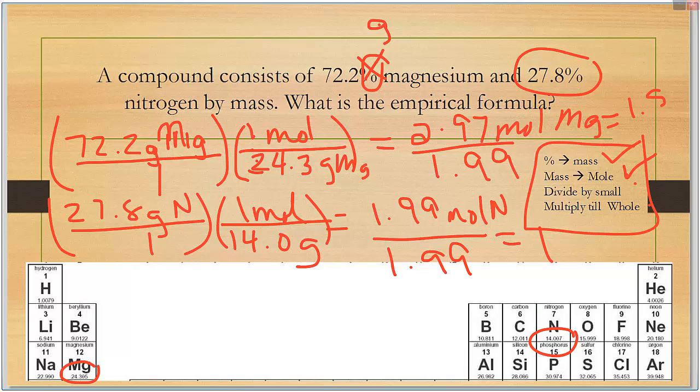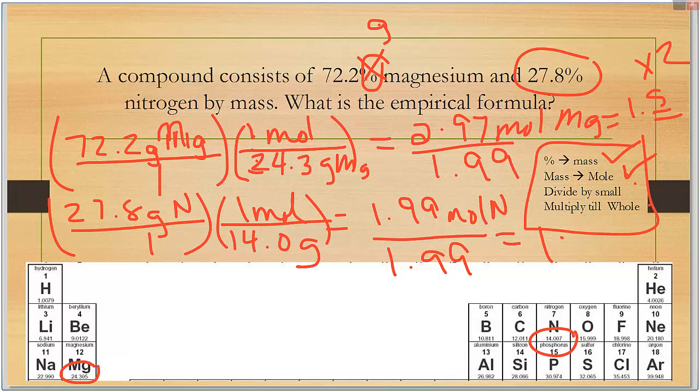The problem is you can't have half of a magnesium atom. So you have to get rid of that 0.5. Figure out what fraction that is and multiply by the reciprocal. 0.5 is the exact same thing as 1/2, so we're going to multiply both of them by 2.